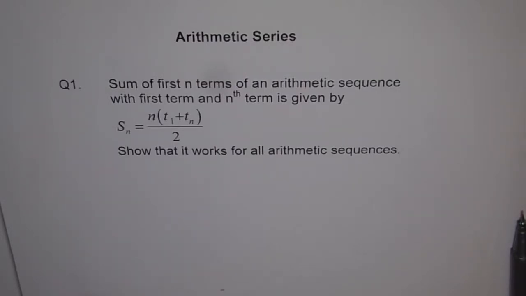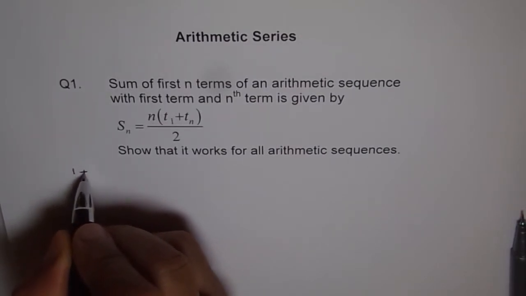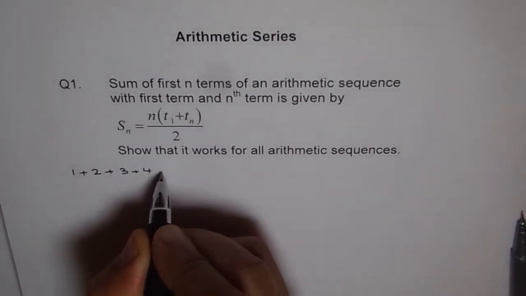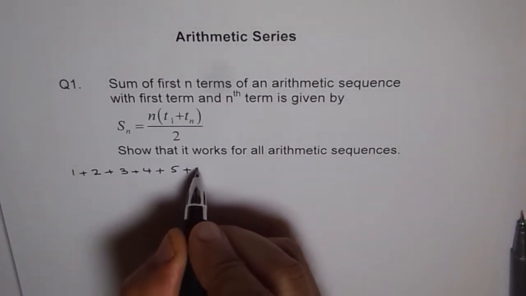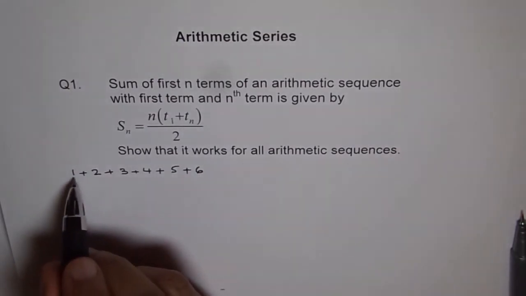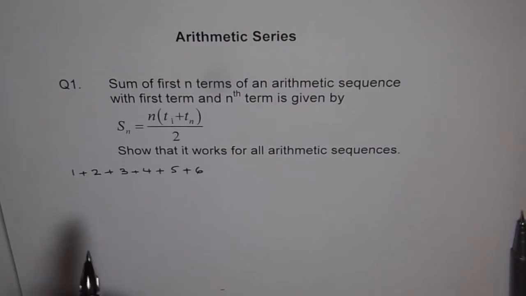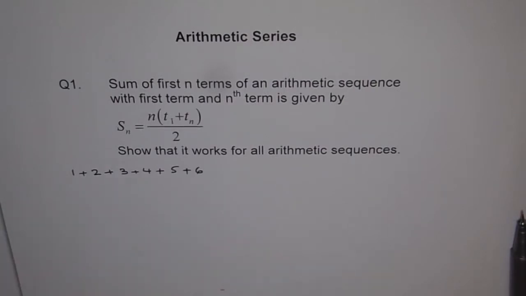Let us say that we want to add these terms: 1 plus 2 plus 3 plus 4 plus 5 plus 6. So these are 6 terms. They form an arithmetic sequence, right? Starting with first term as 1 and sixth term as 6.